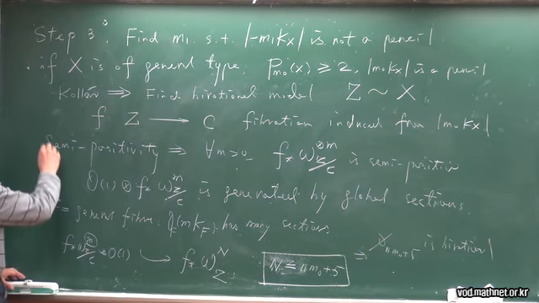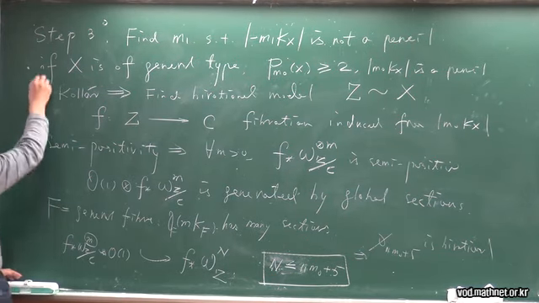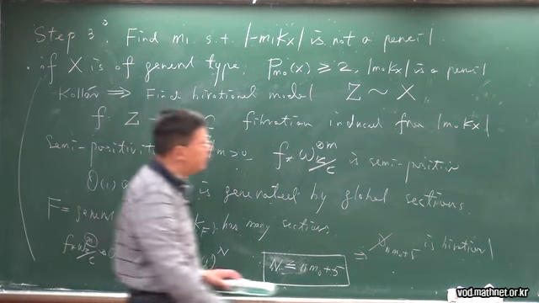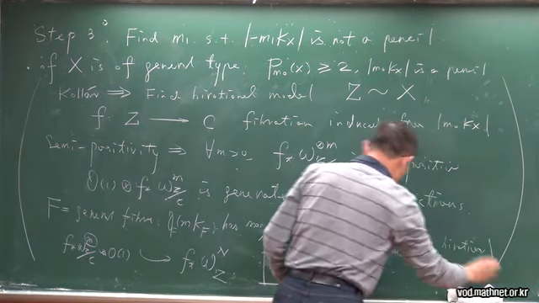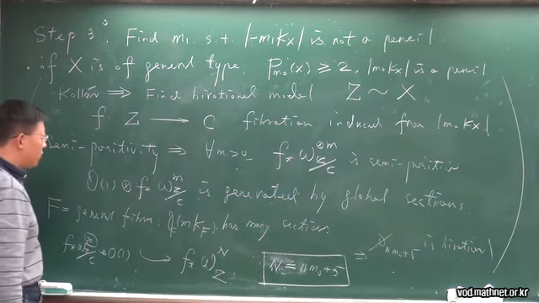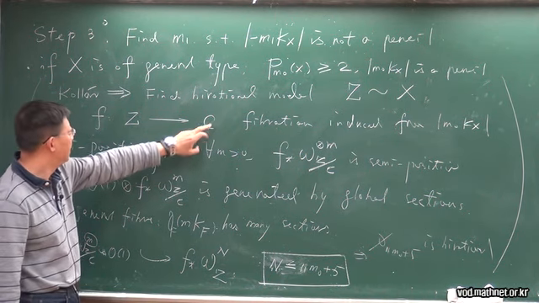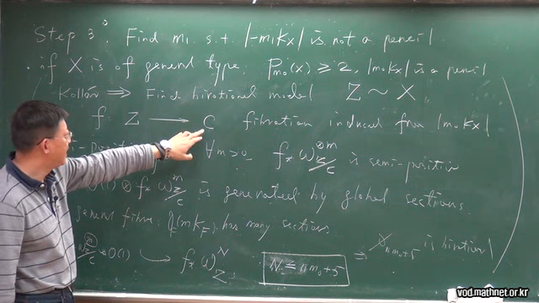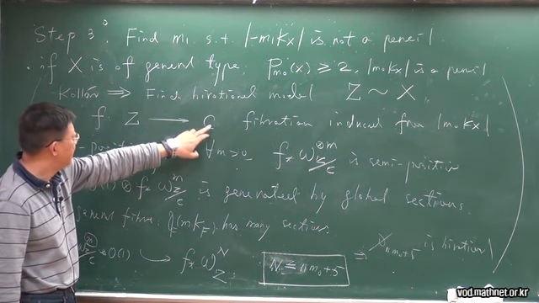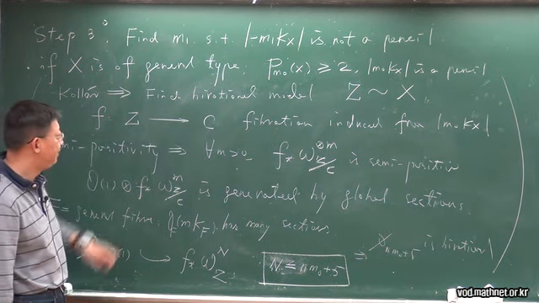I won't say too much on this method because we use semi-positivity. The most difficult case is C is P1.